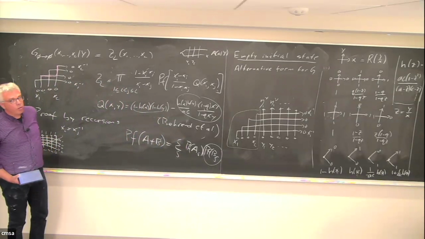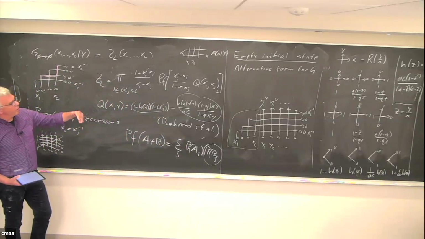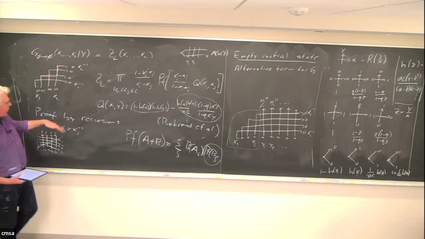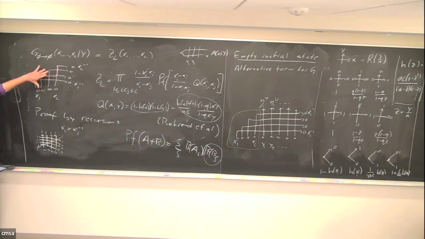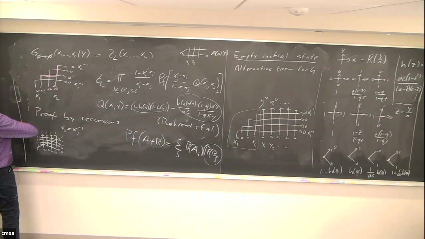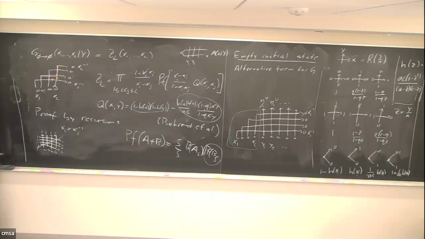By now we have more sophisticated methods, because you can get these things if you have recursion. You get the recursion relations by looking at the picture. Maybe I should say a little bit about it. This local configuration can be either 0, 0 or 1, 1, right? Those two configurations.